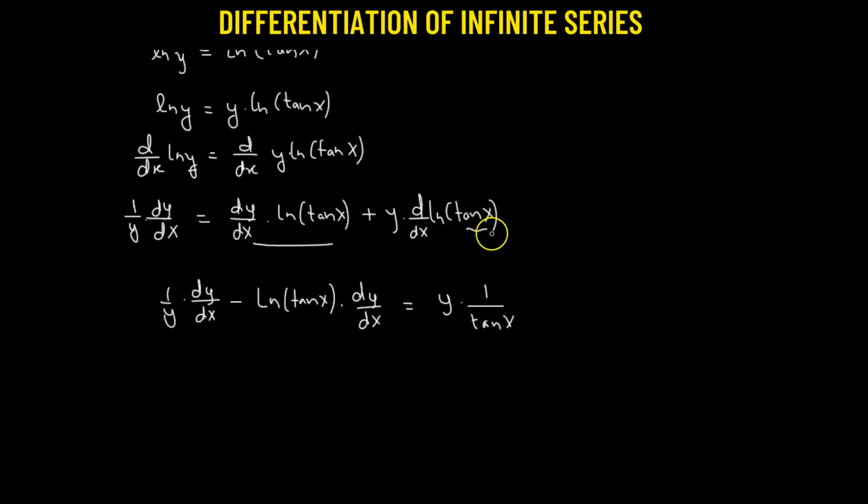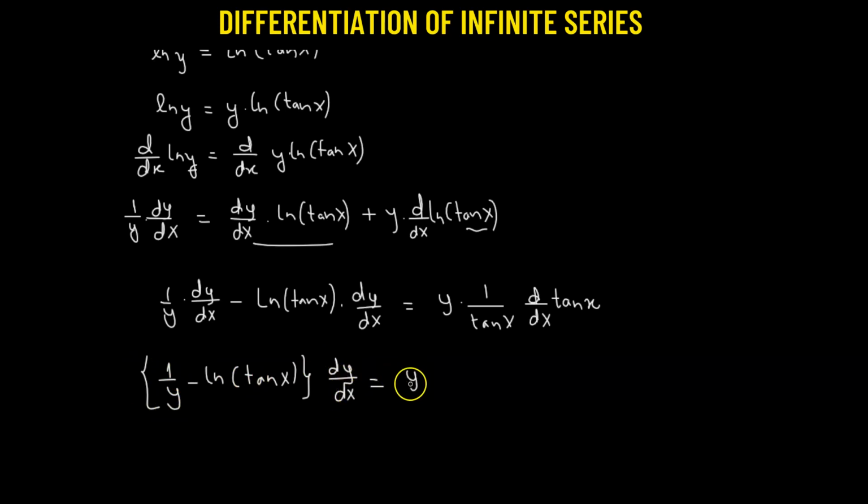But since we have tangent of x instead of x, we'll multiply by the derivative with respect to x of tangent of x. Fine. So this gives us 1 over y minus log of tangent of x, whole thing multiplied by the derivative of y with respect to x, equal to y times 1 over tangent of x multiplied by the derivative of the tangent function, which is simply the secant squared x function.